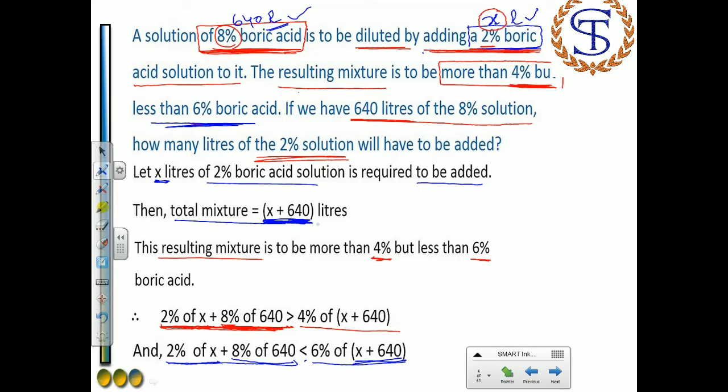That's why we have two inequations. After solving these two inequations, we will get the value of X. Now considering this as first and this as second, let's solve 1 and 2.